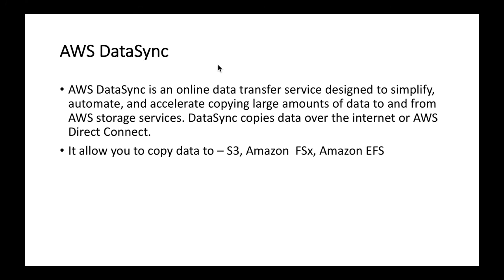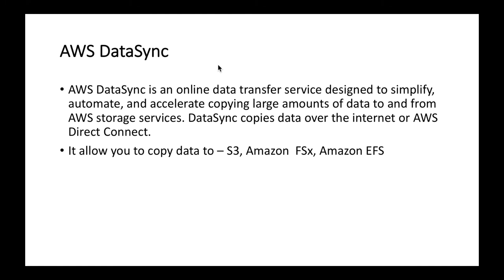So let's start. First is AWS DataSync. AWS DataSync is a newer service which was launched in 2018, and it allows you to copy your data from on-premises to AWS via the internet or Direct Connect.